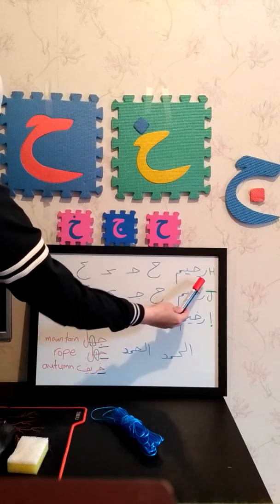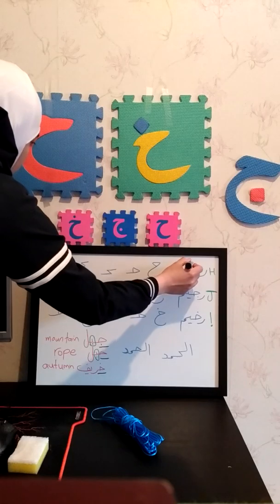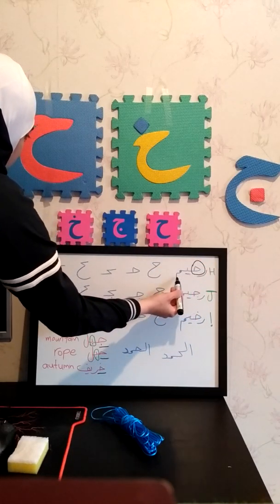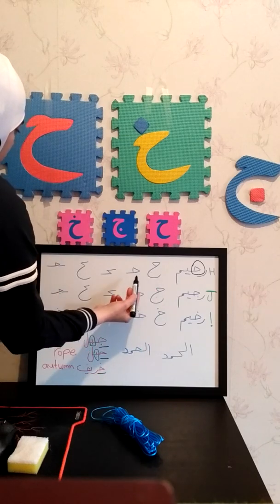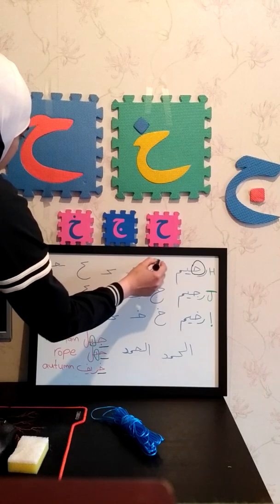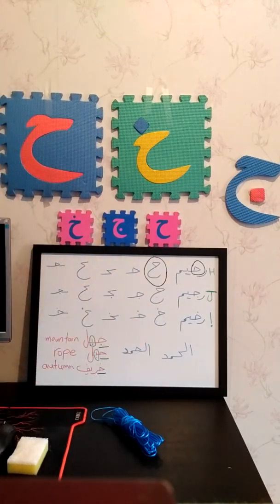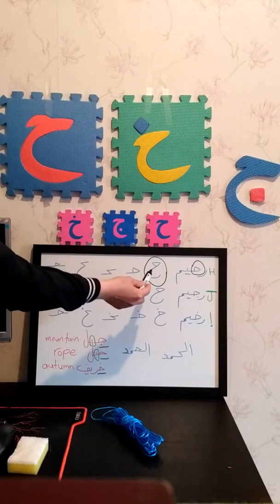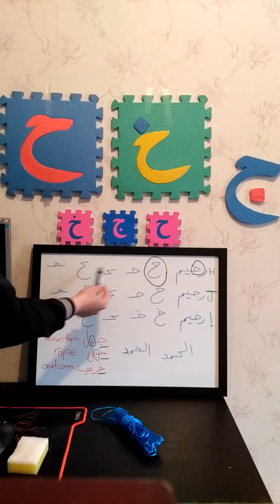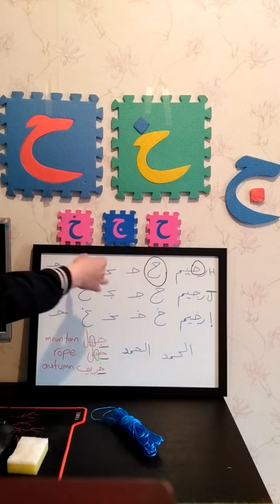Rahim, Ra. I will put the ha in a circle. And this is the basic form of ha. And here we have the three shapes of this basic one. We use them when we want to write a word.